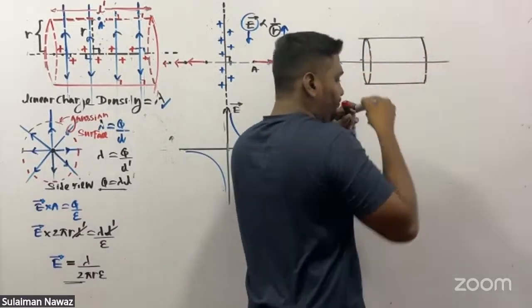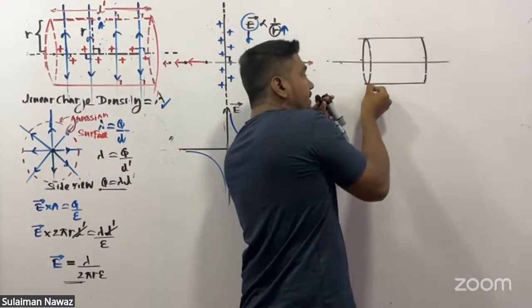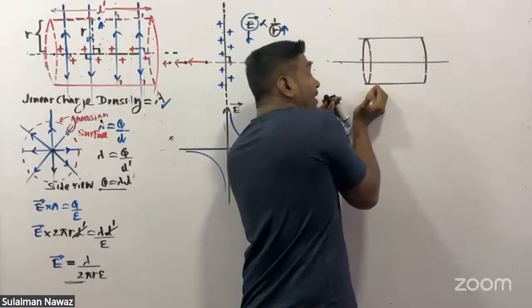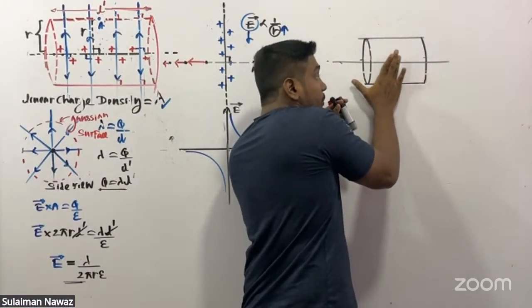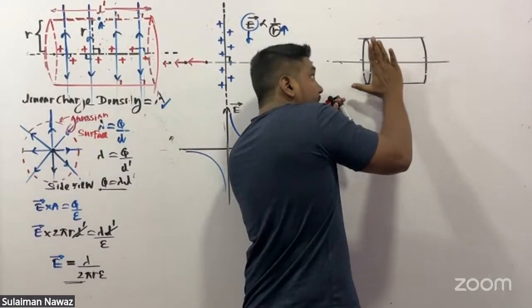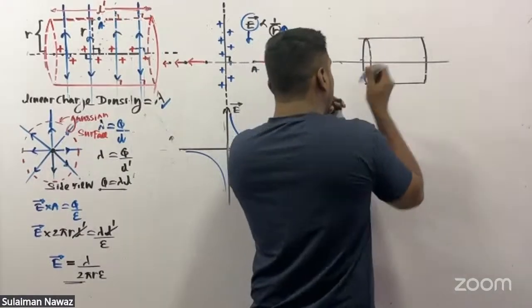Since it's a conductor, charges won't accumulate inside the conductor. All charges will distribute along the outer surface of the conductor. When you give a charge, they all distribute on the outer surface.